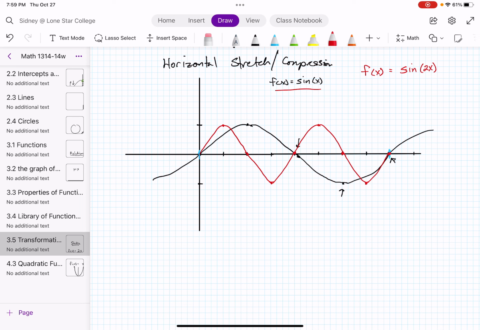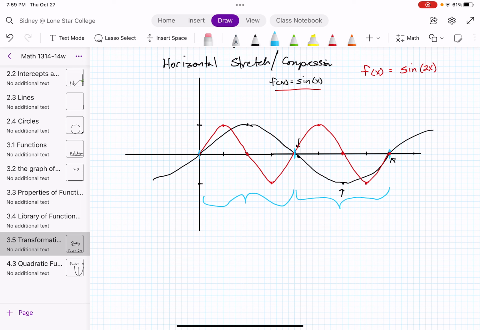If I mark this right here, that blue, you can see that from this first blue to here is one wavelength, and then from that blue over to the end is another wavelength.